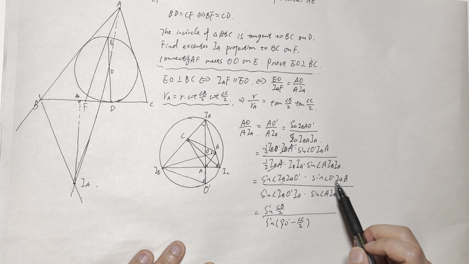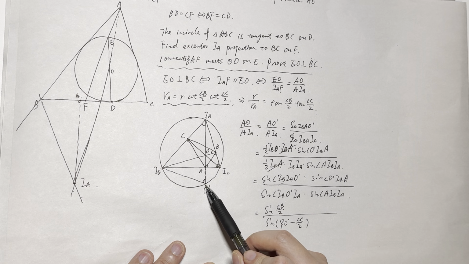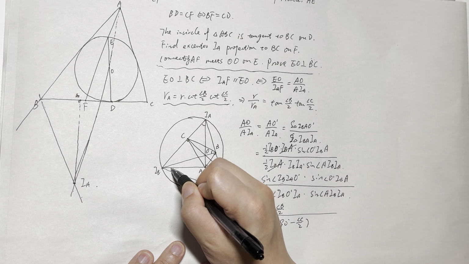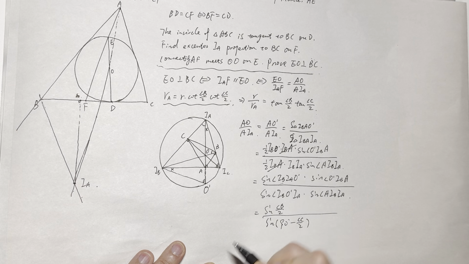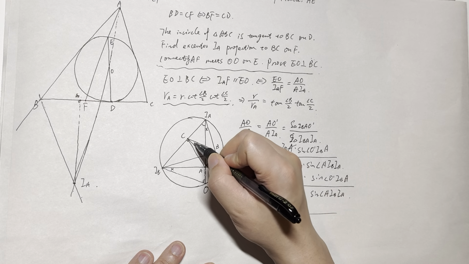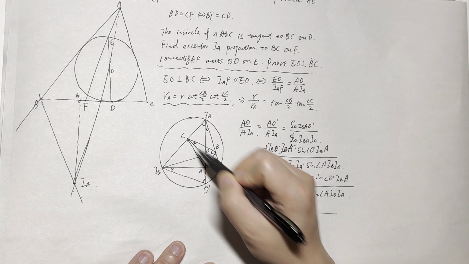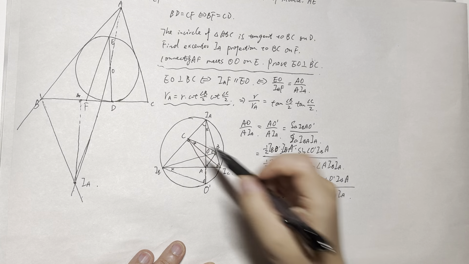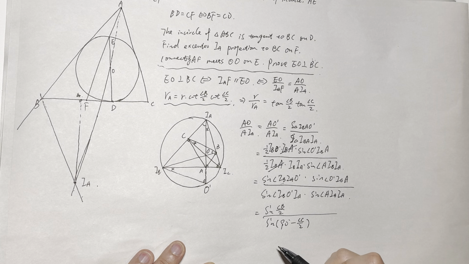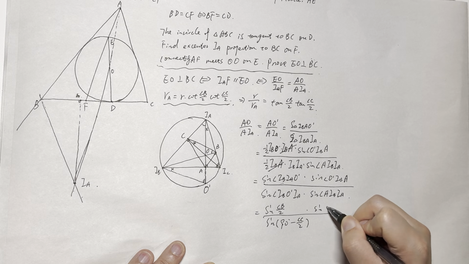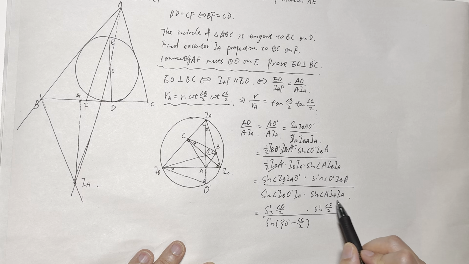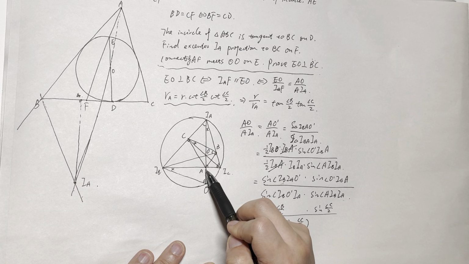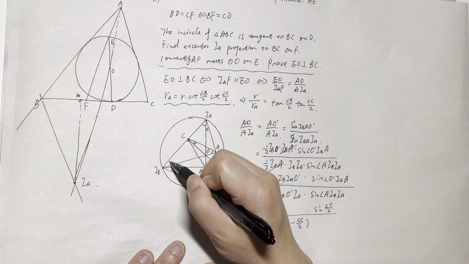And what is angle O prime IBA? That's actually angle O prime IBIC, which equals angle O prime IAIC, this one, right? And we know this one equals this one because IACOB are cyclic. And this is half of angle C, so times sine of half angle C. And what is angle AIBIA?